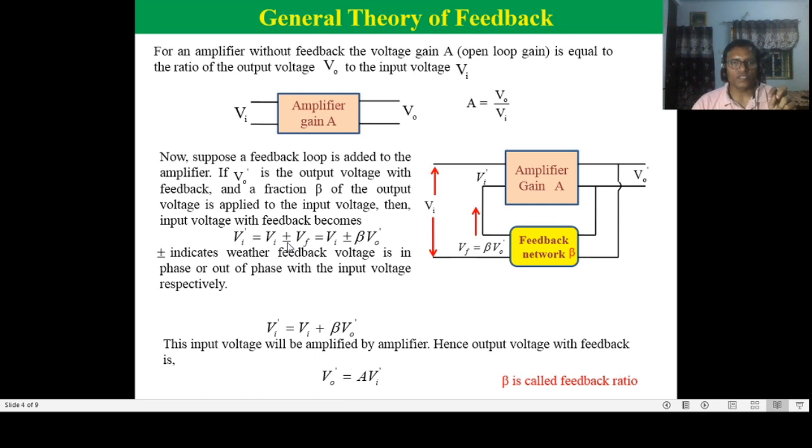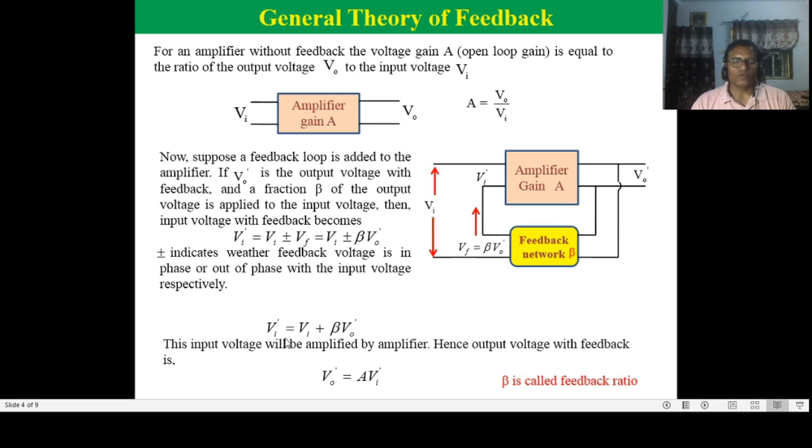If it is in the same phase, the total input is enhanced, so in that case it is the plus sign. In case of positive feedback, the sign will be positive, and if it is of the negative type, then it will be negative. So plus or minus indicates whether feedback voltage is in phase or out of phase with the input voltage respectively.